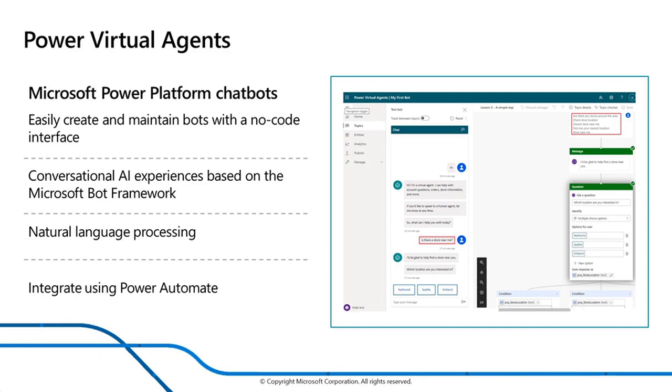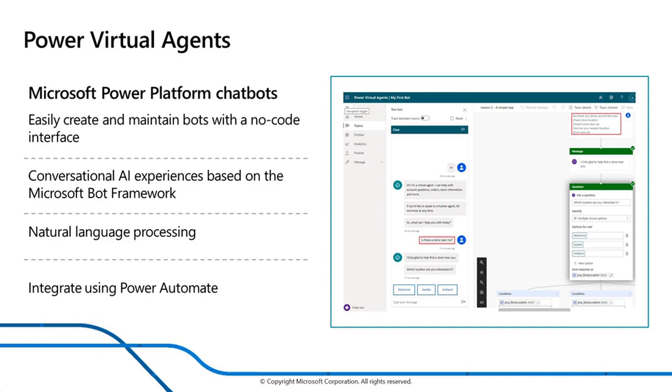Super interesting is the connection with Power Automate. And when it comes to Power Automate, of course, the opportunities are limitless. There is no limit to what you can do with Power Automate. So as soon as you can connect with Power Automate and trigger a Power Automate flow and provide some details coming from the conversation, you can connect to whatever you want.